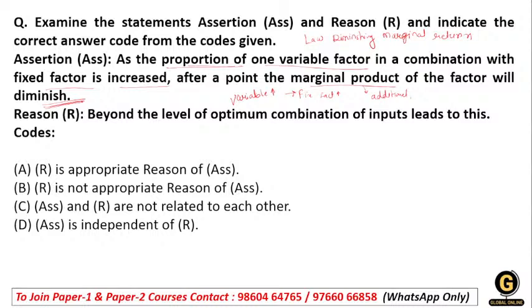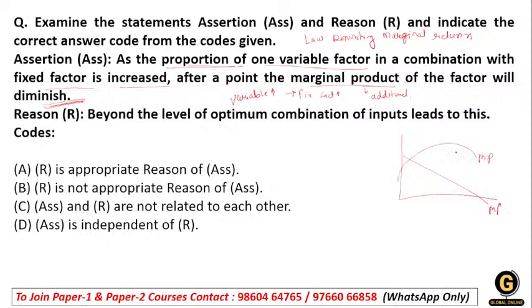That means they increase but at a diminishing rate. So that's why, when the proportion of the variable factor in combination with the fixed factor increases, this is your marginal product.